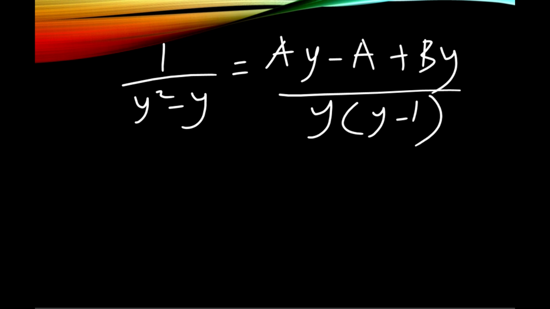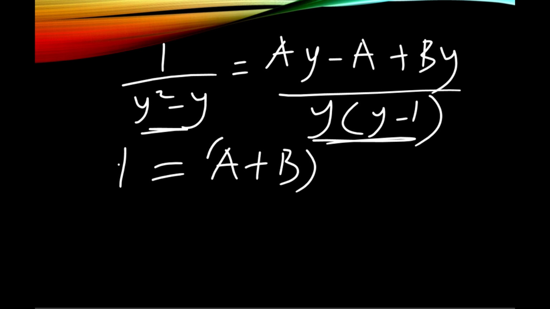Good. So we can see from here that the denominators are equal, so we omit that and focus on the numerator. So we have a plus b, we factorize all y, minus a. So the ones with the y, we group them together.